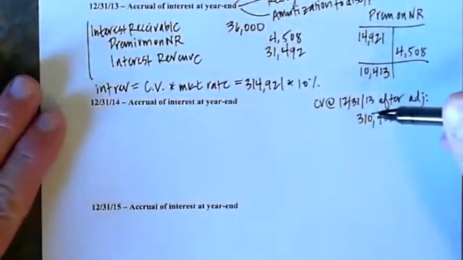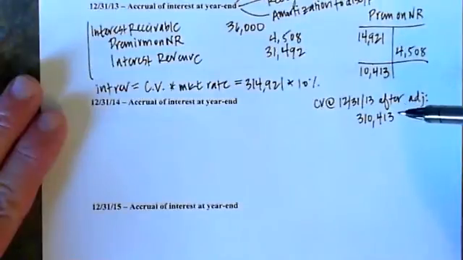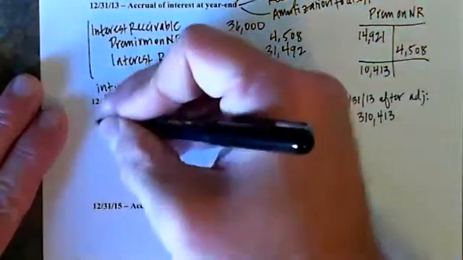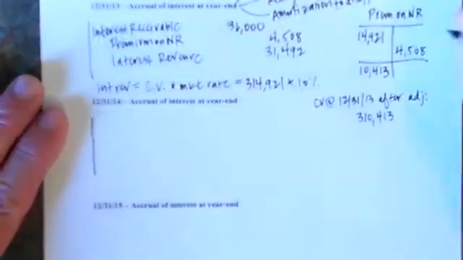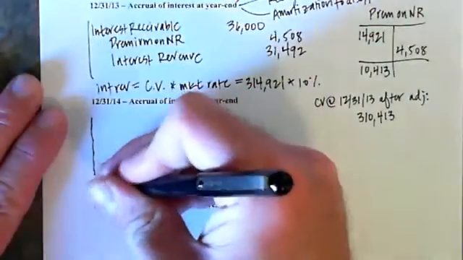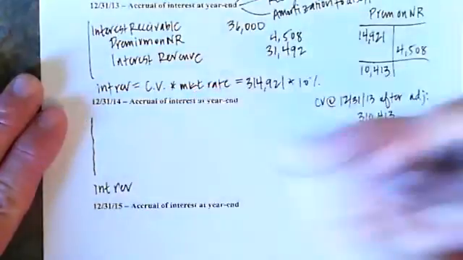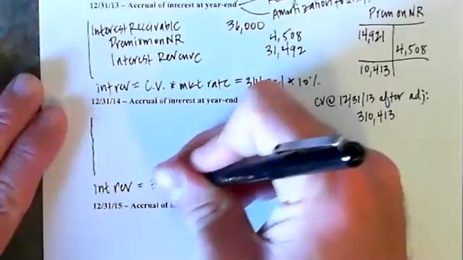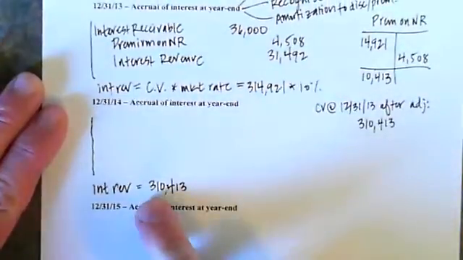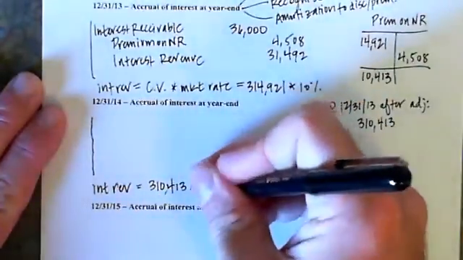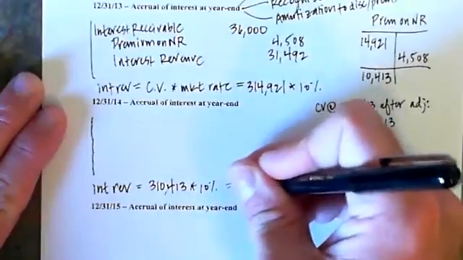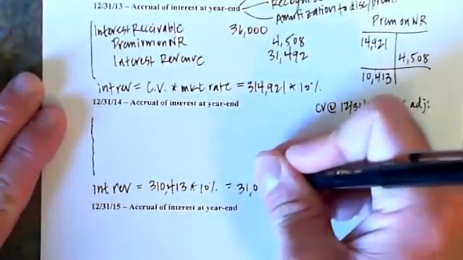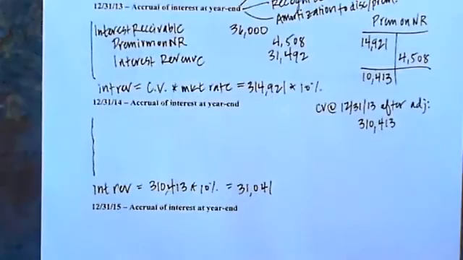That's important to know because then this gives me the carrying value for January 1st, 2014, which is going to be used to calculate interest revenue the next year. So my interest revenue is $310,413. That's my carrying value, multiplied by the market rate of interest, gives me that interest revenue there.